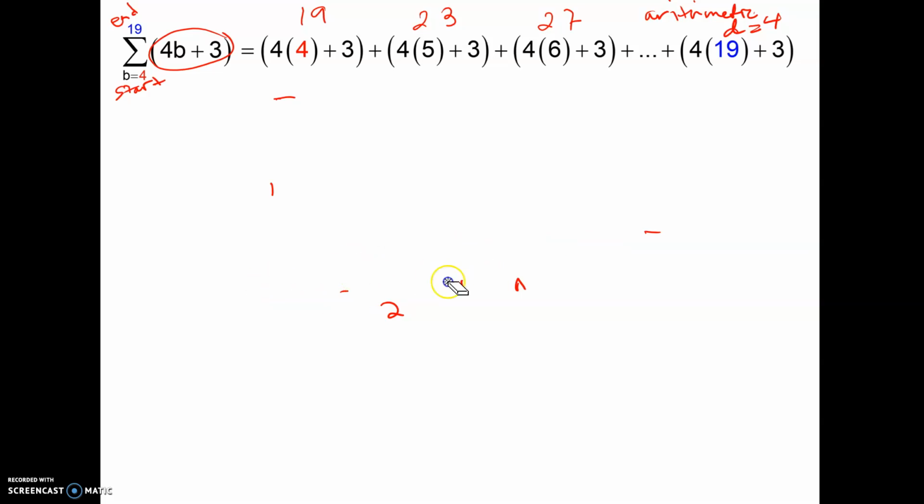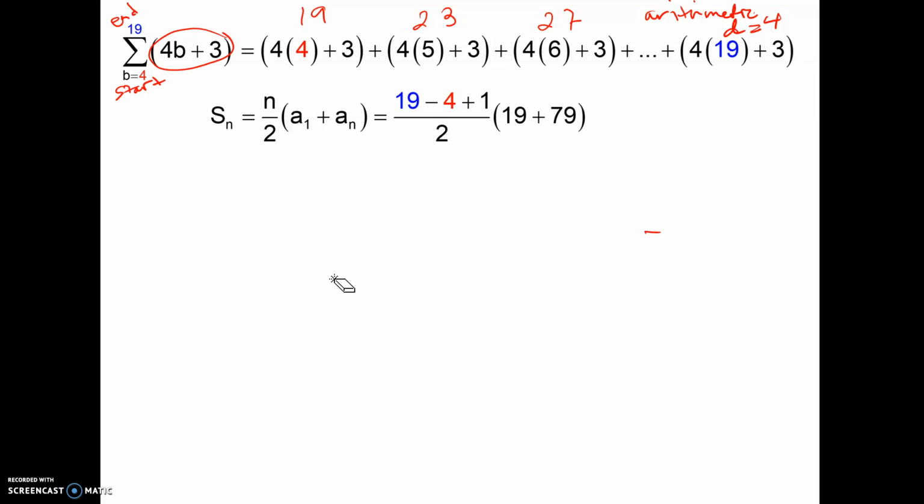And then I'm going to find my first term and my last term. So here's me figuring out how many terms there are. My upper bound is my end, this is my start. I subtract them and that's 15, but there aren't 15 terms. I have to add 1 because one of them gets left off when you subtract. And that ends up being 16 over 2.